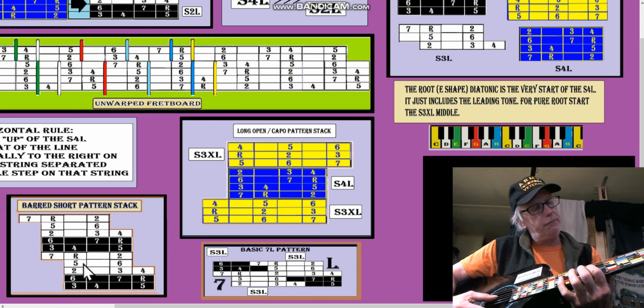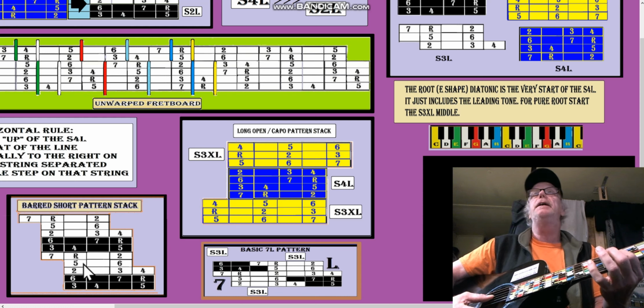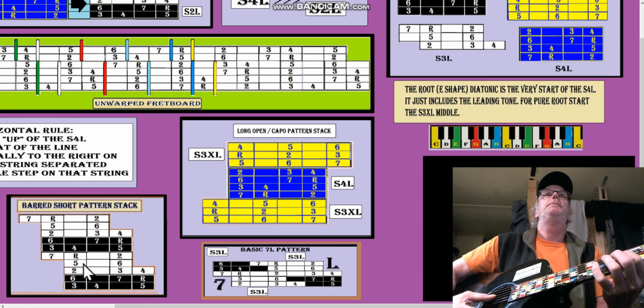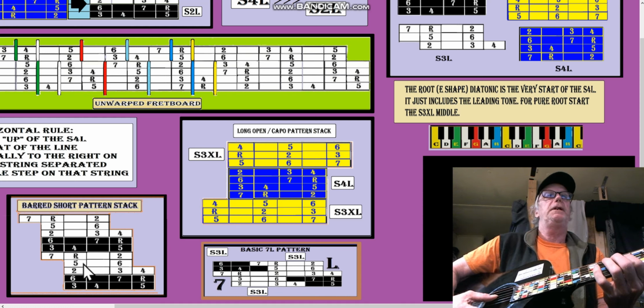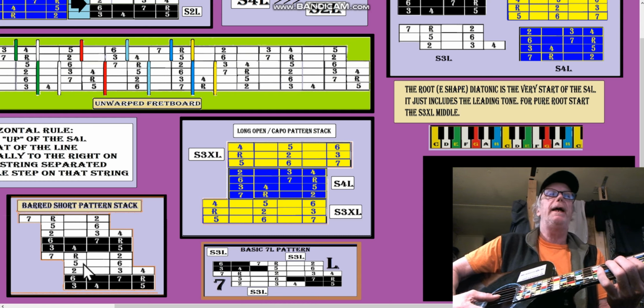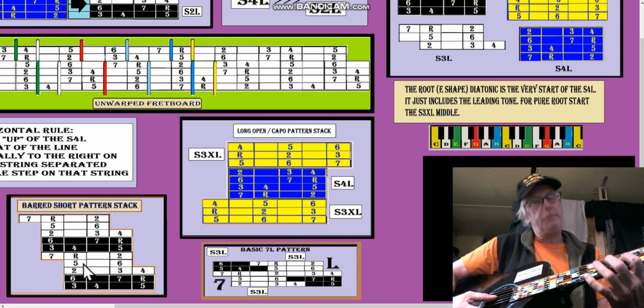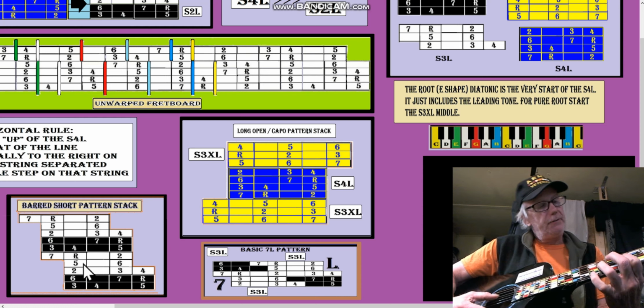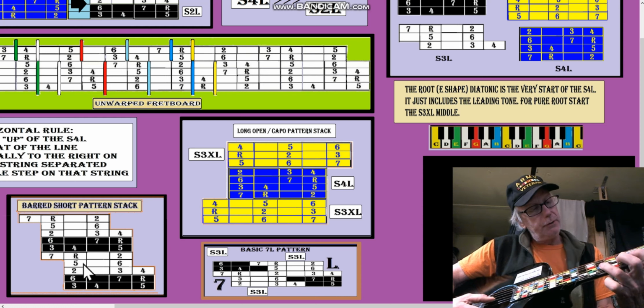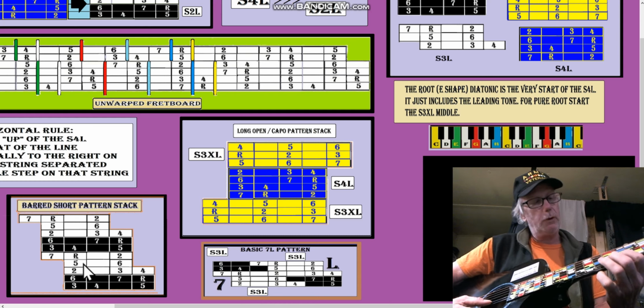If that 5 was an E, you know, it would be in the key of A, right? So this would be 5 6 5 6 7 root 2, and then we go into the 3 4. You have to warp it there.